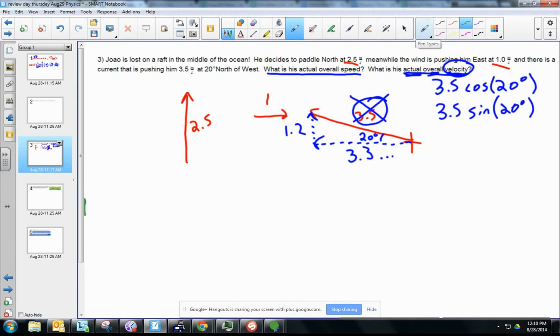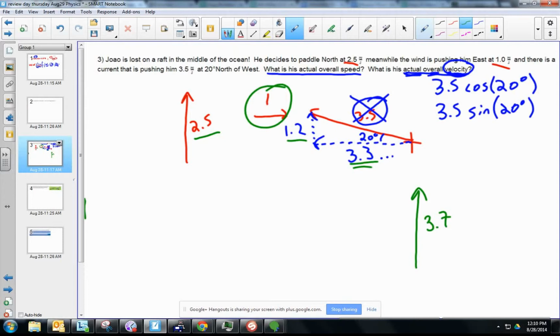Overall, we have 2.5 north and 1.2 north. North and south, nothing else is happening. So we're going to be going north at 3.7. That's for sure. And then west, excellent, because 3.3, which is west, is bigger than the 1, which is east.